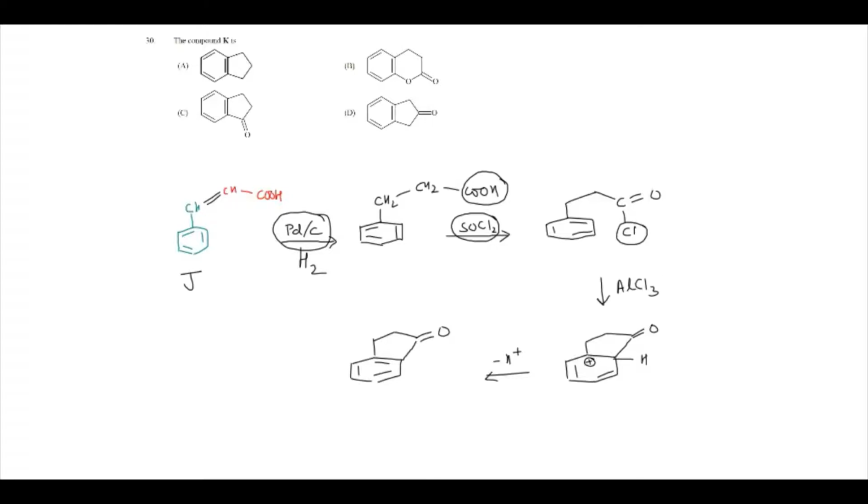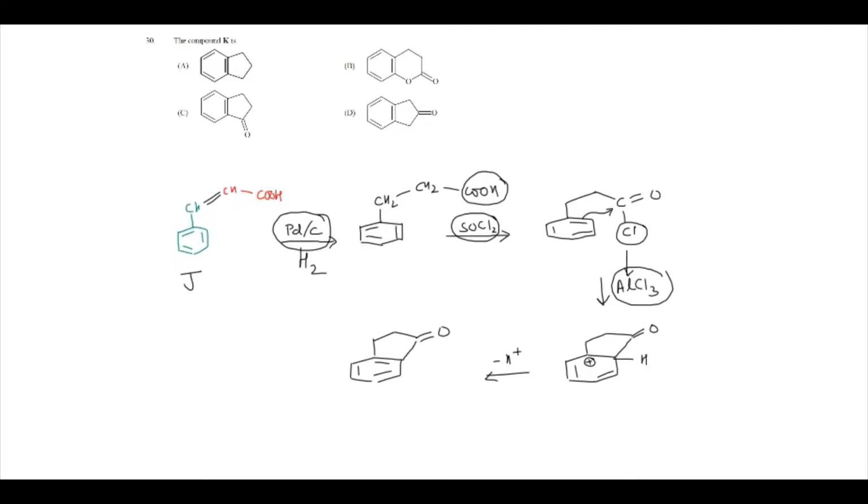Now, in presence of AlCl3, an intramolecular FC reaction, that is Friedel-Crafts reaction, is going on here. The nearest position, that means the ortho position, is reacting, and this AlCl3 is behaving as a Lewis acid. So, it is accepting the chlorine from here.